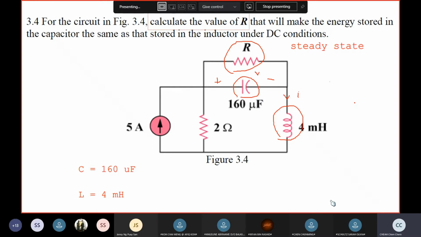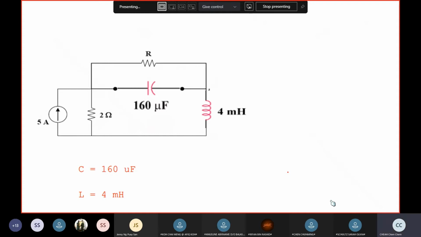We are given the capacitance as 160 micro, and our inductance is 4 milli H. Now this is the circuit given, and remember that I is equal to C dV/dt. Usually I'll just write down the equation to remind myself, and V is equal to L di/dt.